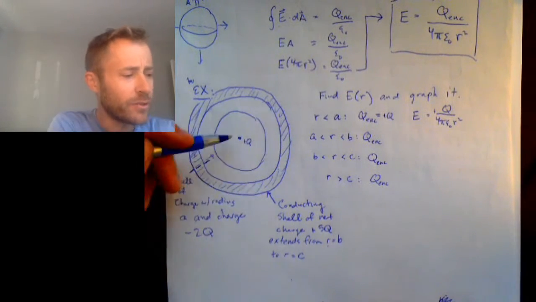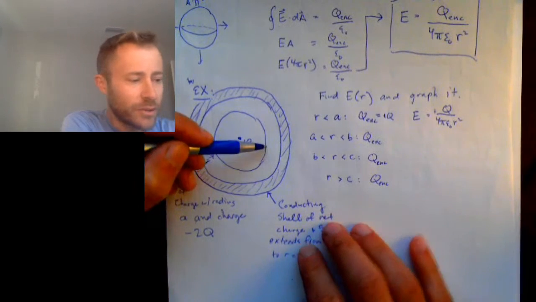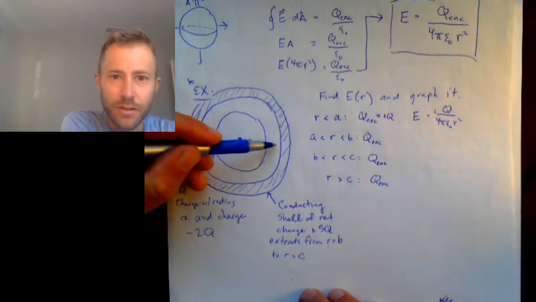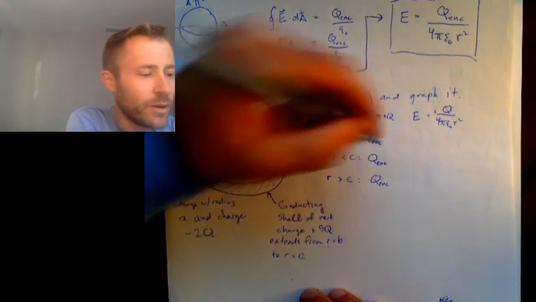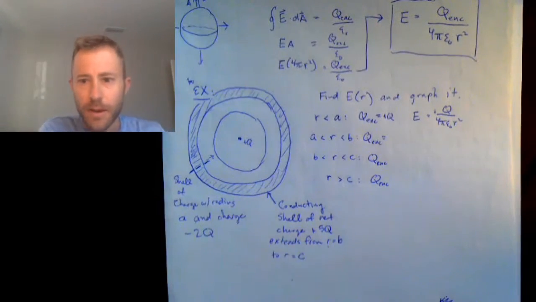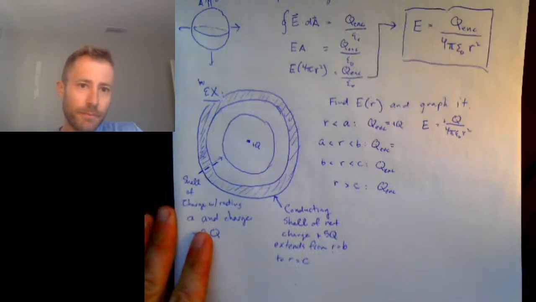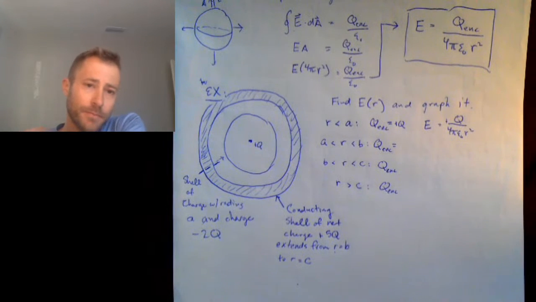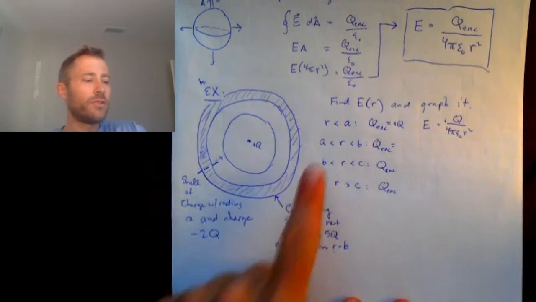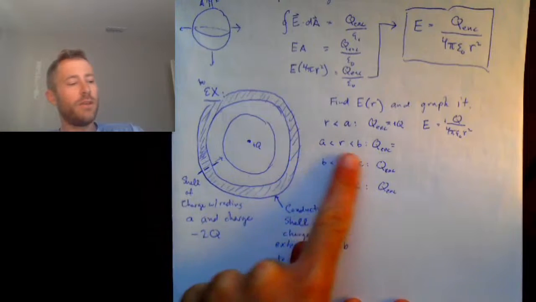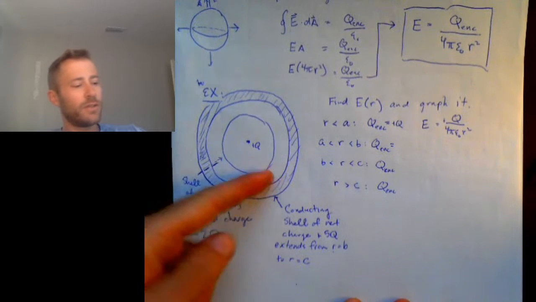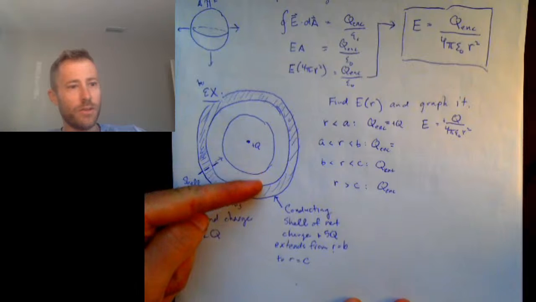Who can tell me, if our Gaussian surface has a radius that puts it between this region and the second region, what is the charge enclosed going to be? I will wait for someone to type an answer into the chat. So if your Gaussian surface has a size between A and B, that would mean it has a radius somewhere in between these two regions.